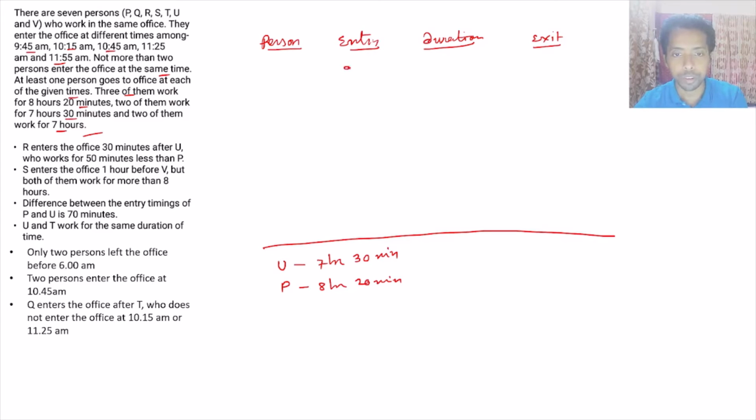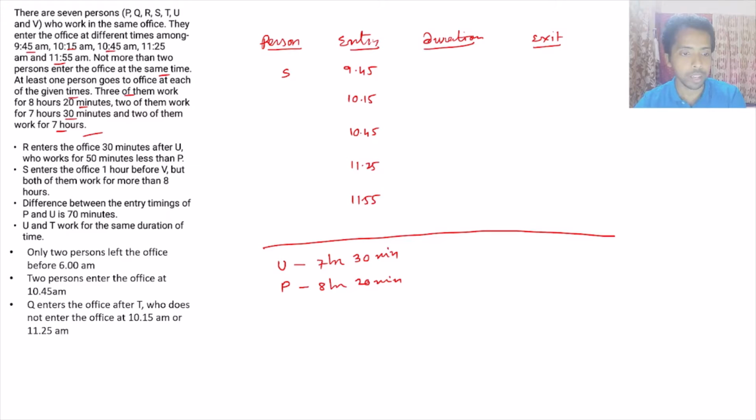I am writing all the timings at a particular gap so that we can add the second person's timing for the same, whichever time it can be, but at present we don't know which timing will come for the second time. That's why I am taking all the timings at a particular gap: 10:45, 11:25, and 11:55.